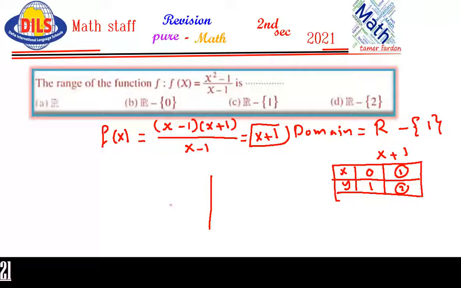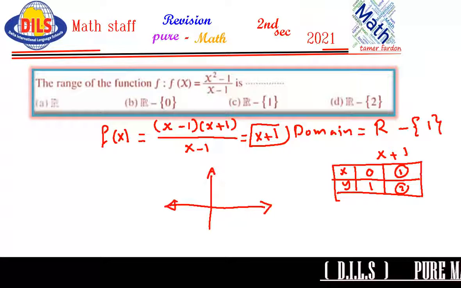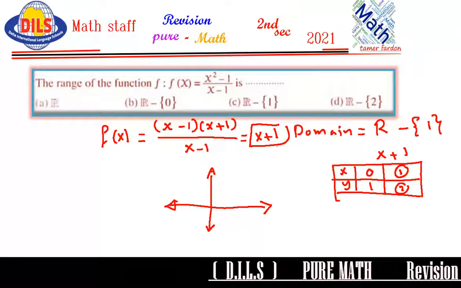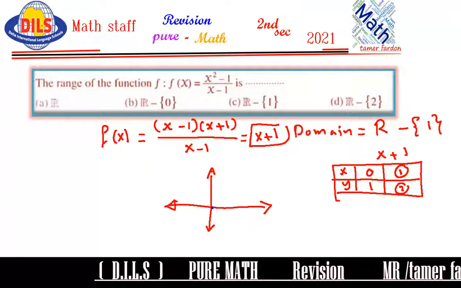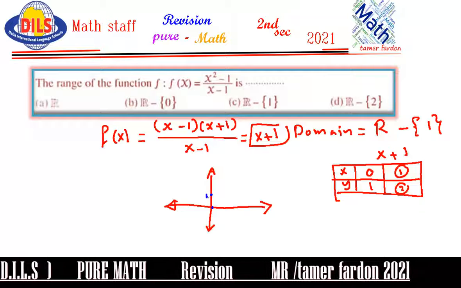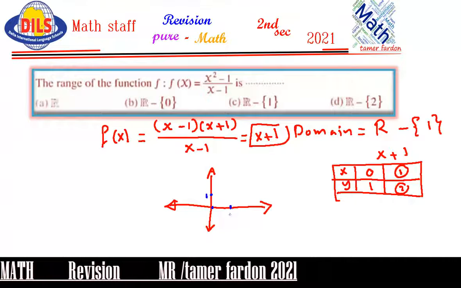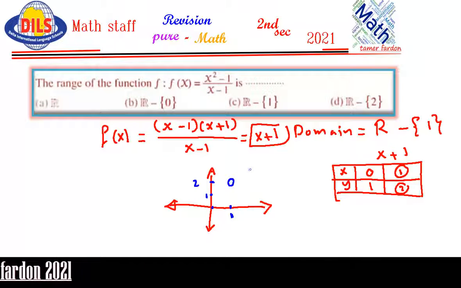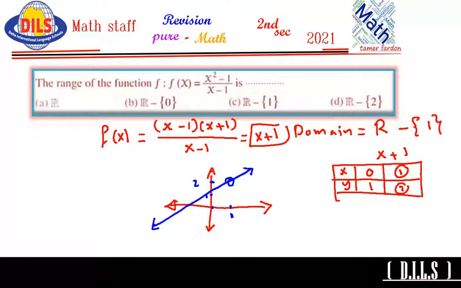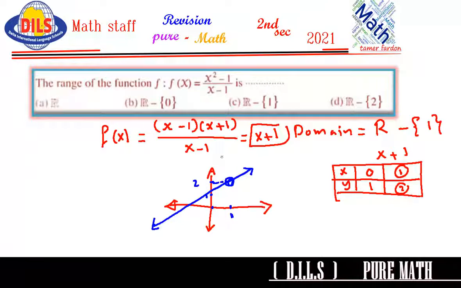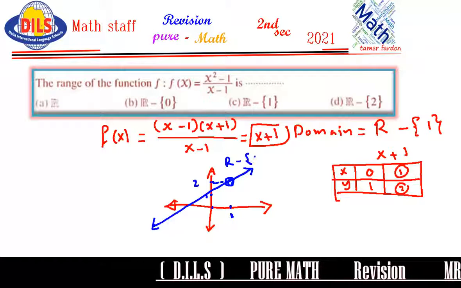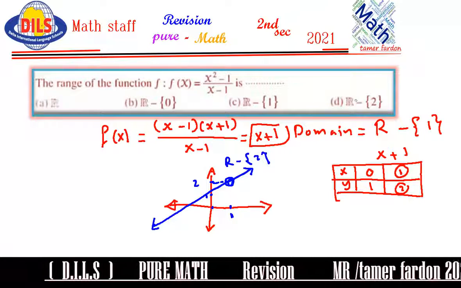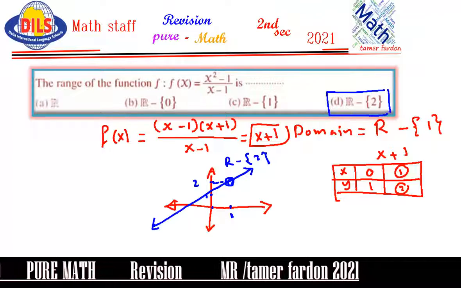So our function is represented graphically by a straight line passing through the points (0, 1) and (1, 2). So the range of our function is R difference 2. So our correct answer is D, R difference 2.